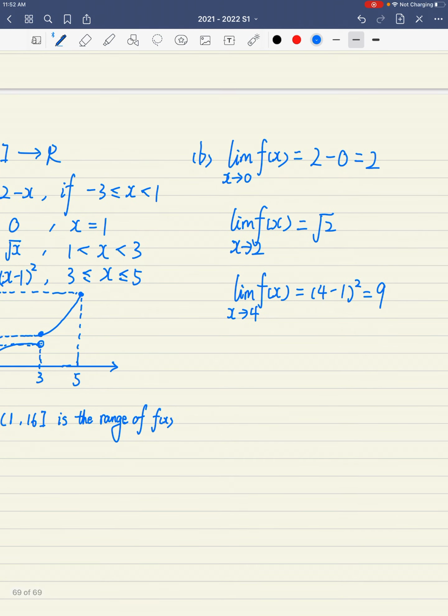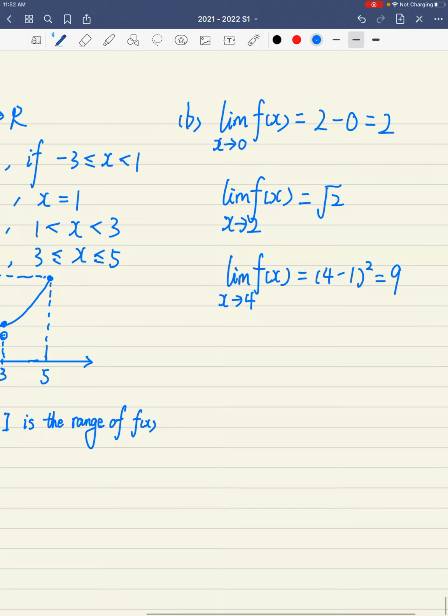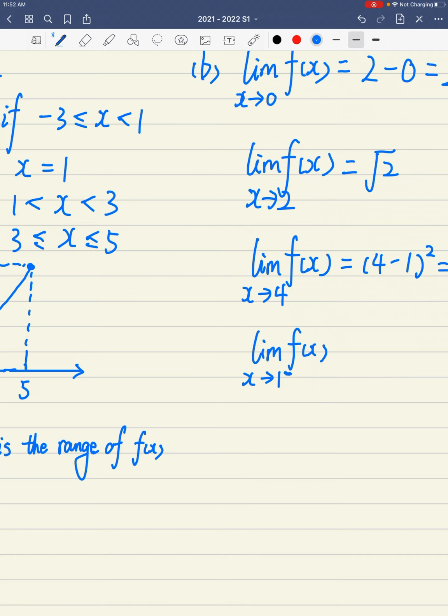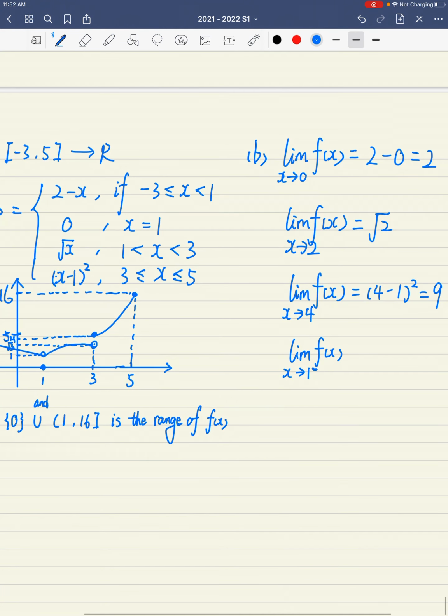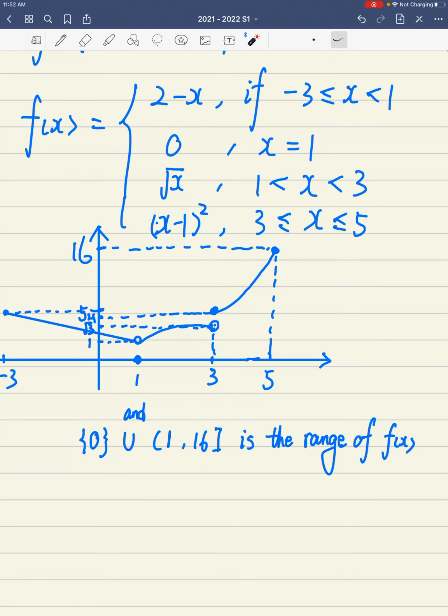Next one. x is approaching 1, however, we have 1 negative. So what does this mean? x is approaching 1 negative means x is approaching 1 only from the left-hand side.